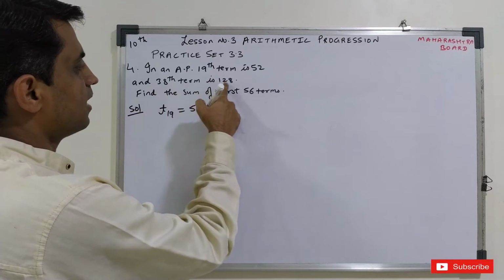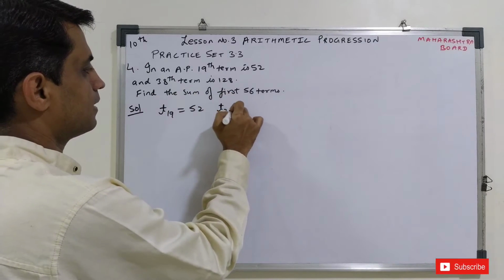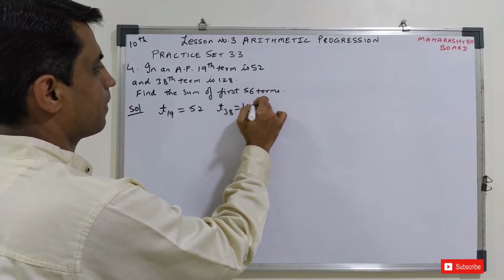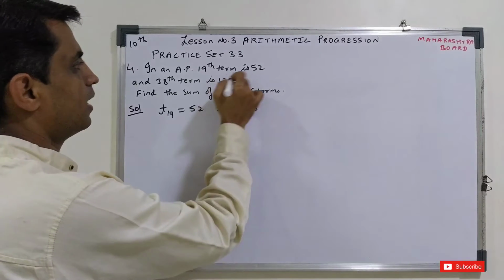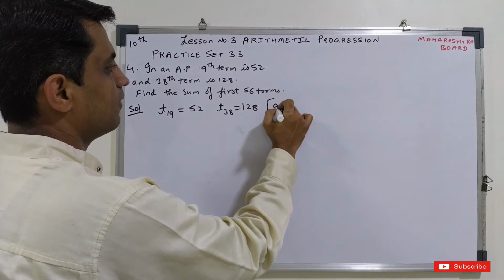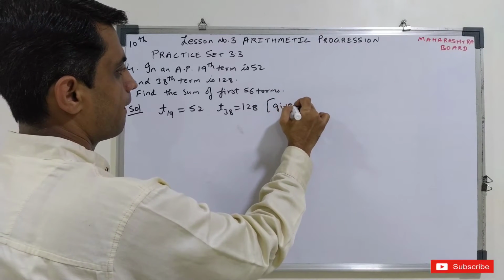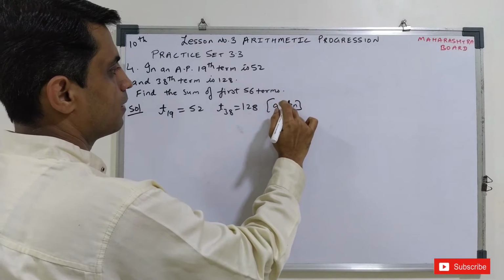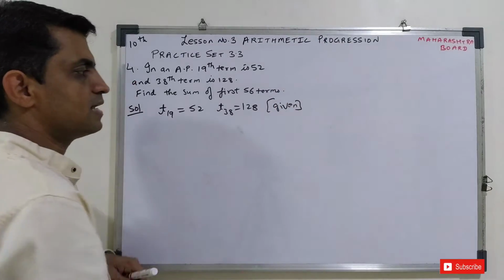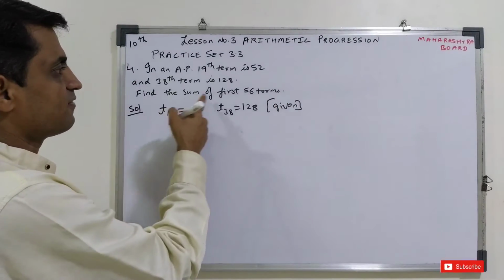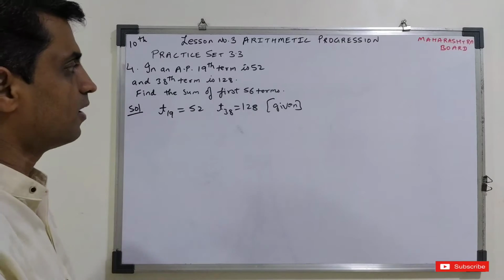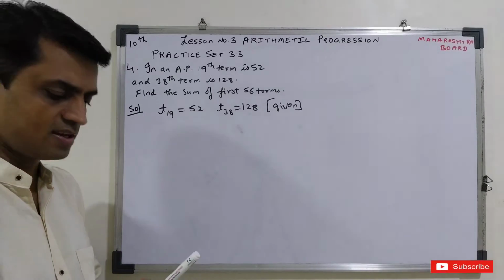And the 38th term, that is T38, is 128. We will write here given. So this they had given. Now they have asked you to find the sum of the first 56 terms.